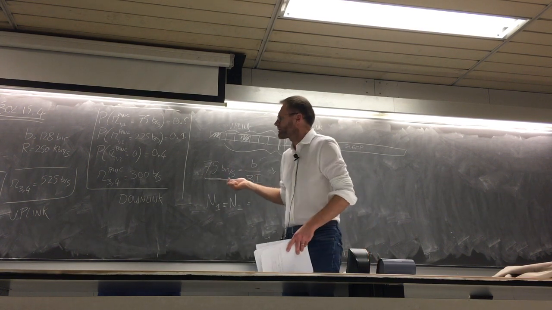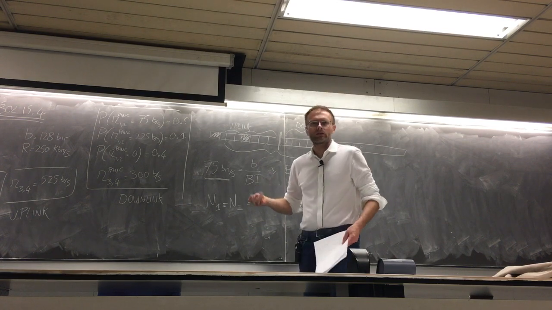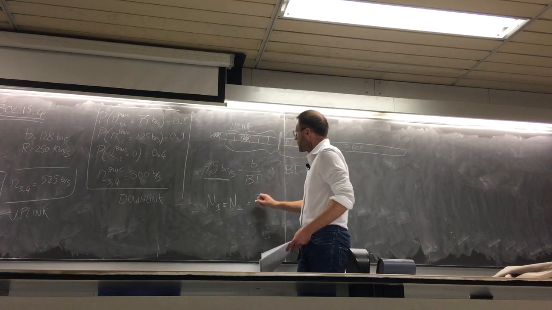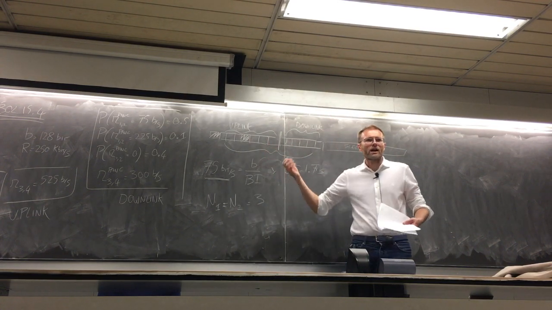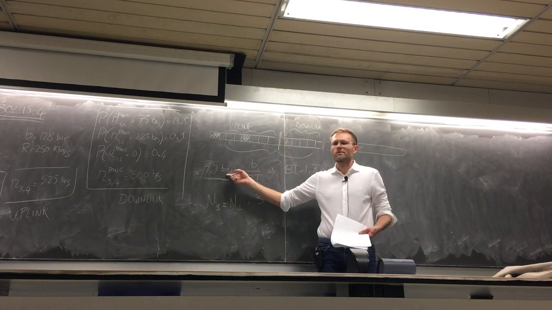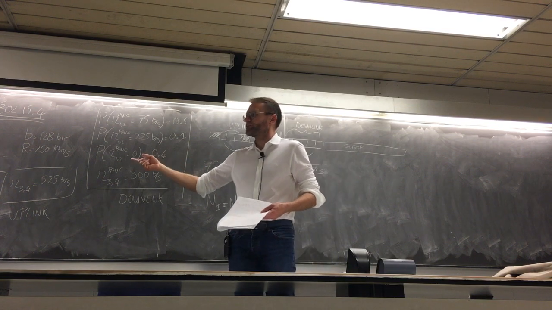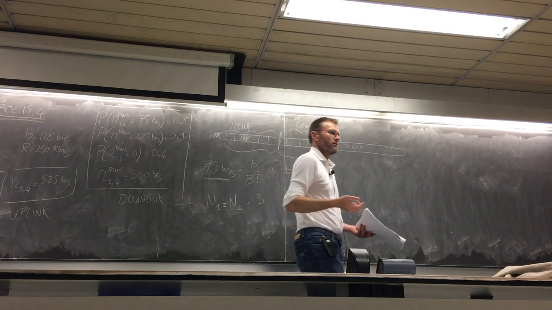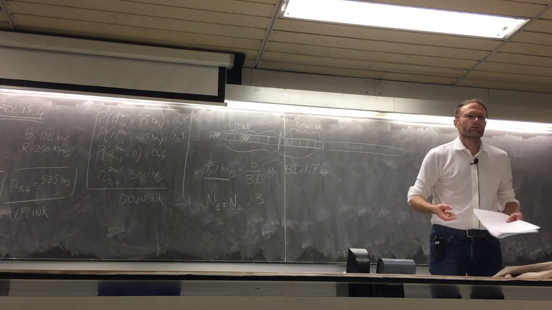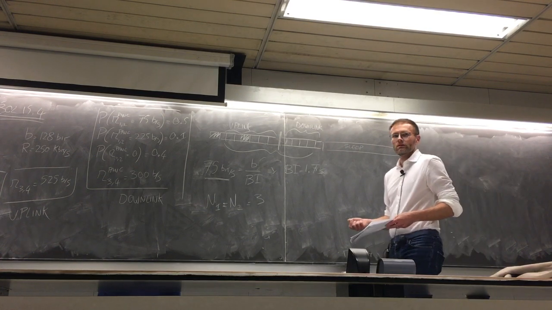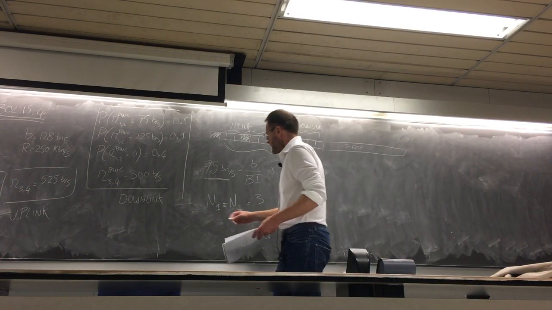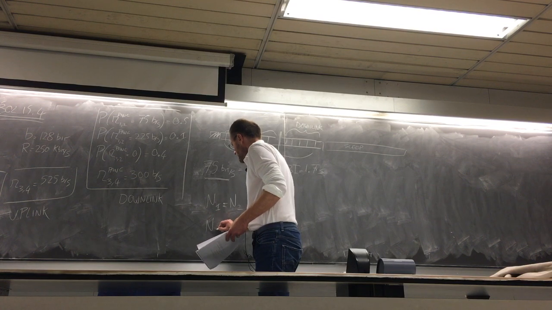That is 3 slots, right? If one slot carries a channel whose rate is 75 bits per second, and I need a channel of 225 bits per second, I need 3 slots, 3 times more slots. Then we can do the same for N3 and N4.